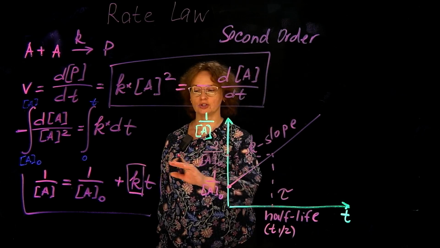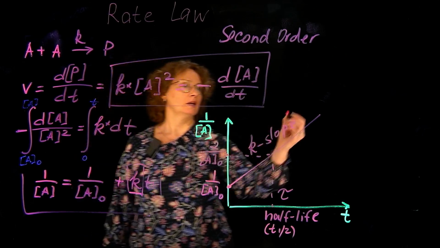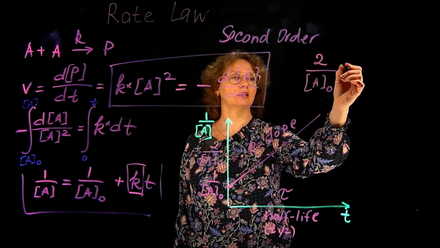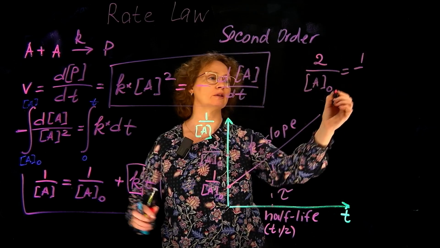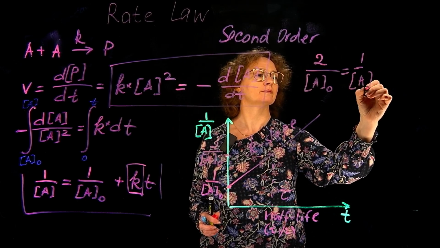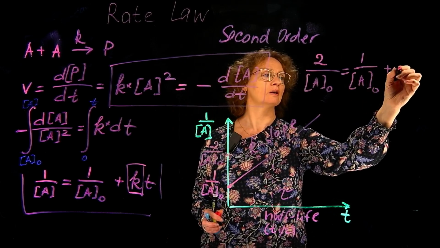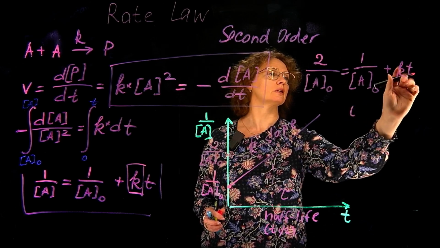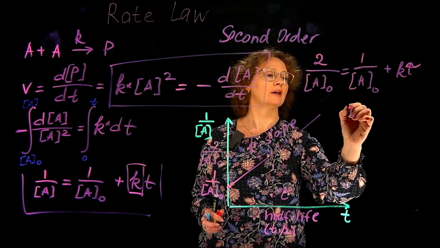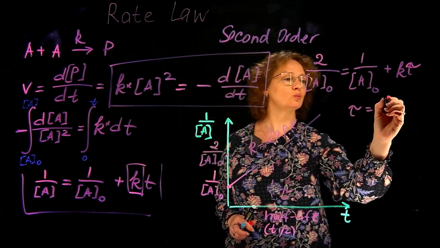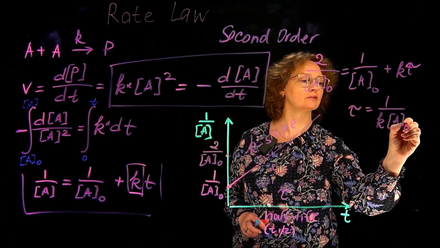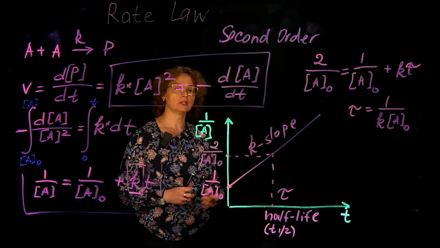And if we just plug 2 over the initial reactant concentration into the rate law, we will see that here we will have already tau, right? That tau is equal to 1 over K times the initial reactant concentration.